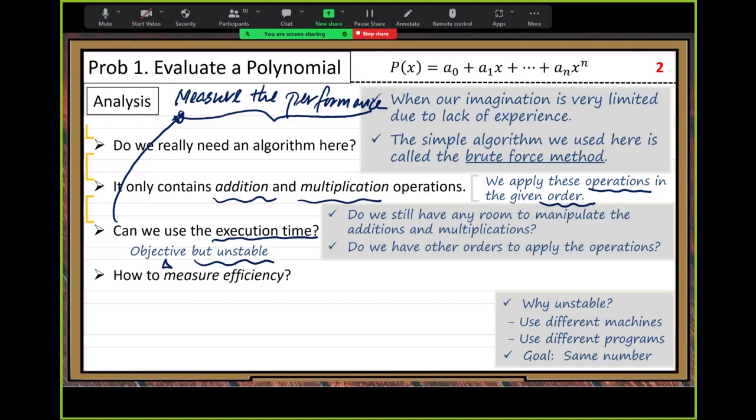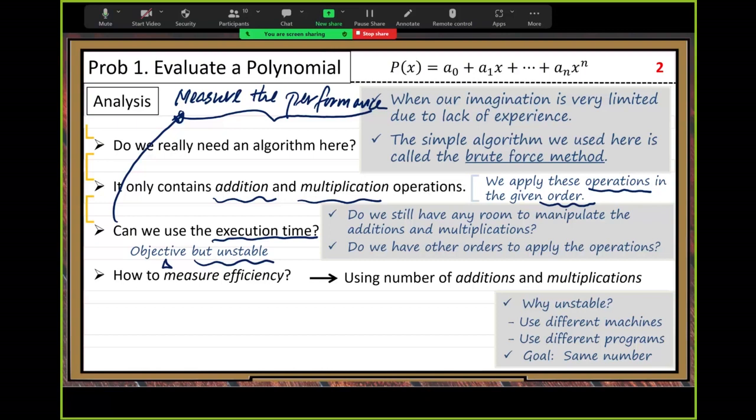How to measure efficiency? So not very hard. Although it looks like we want some perfect measure, there is some simple way to get it. Here, we use the number of additions and multiplications.